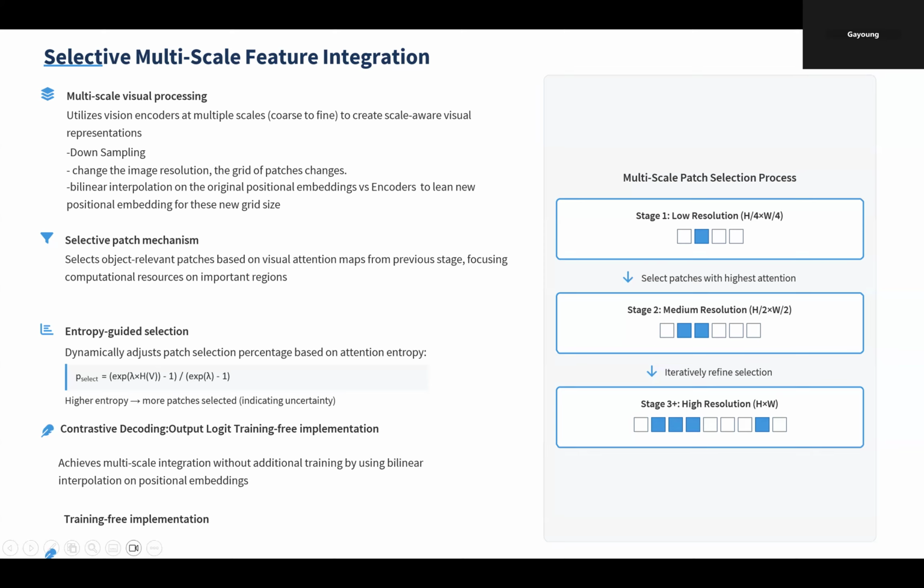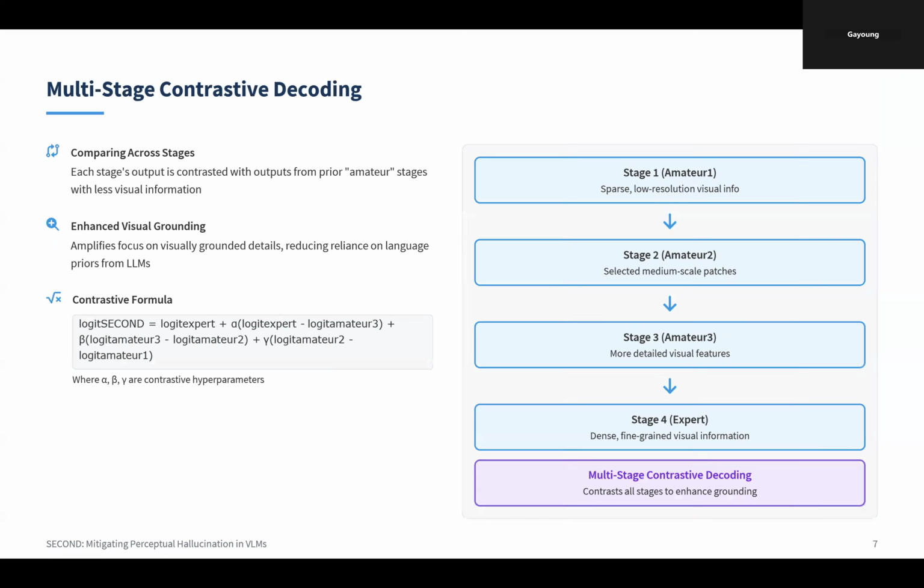So in stage two, only for some specific parts, we use better resolution. And in the next step, we use high resolution for some parts. It's an iteratively refined process. And in multi-stage contrastive decoding, we just decode each of the encoded results.